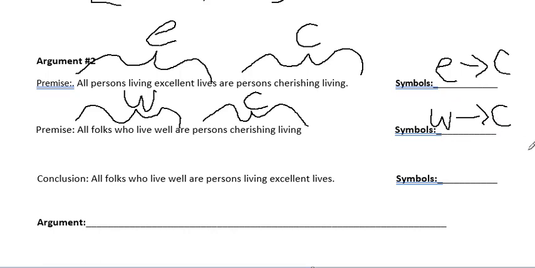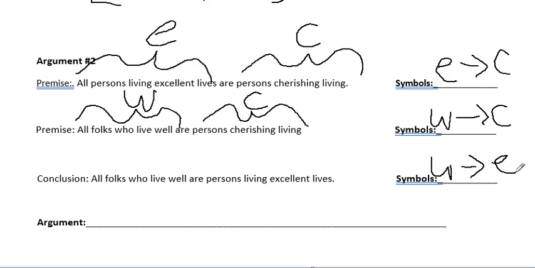That's the second premise. The conclusion is, okay, assuming these are true, does it follow that people who live well are people who live excellent lives? Does it follow that W, assuming these two are true, W implies E?